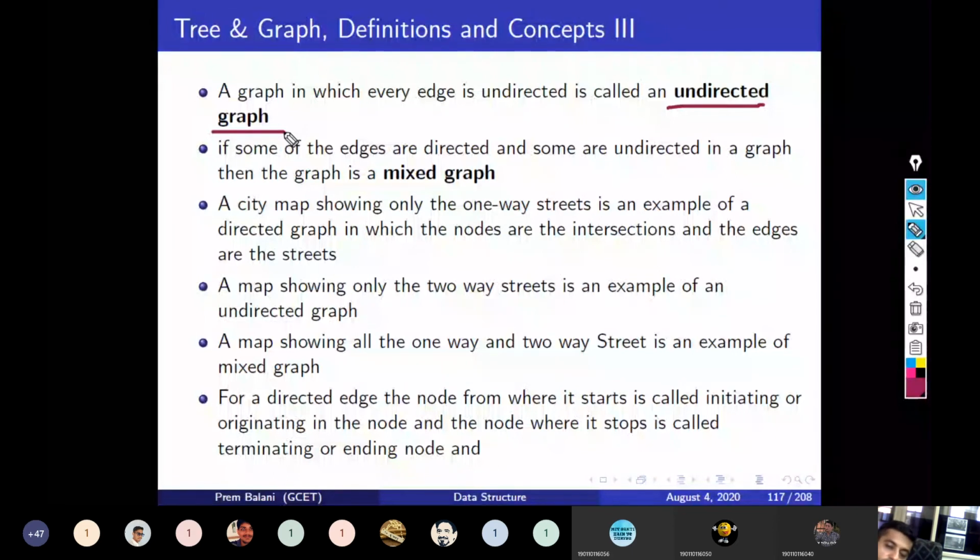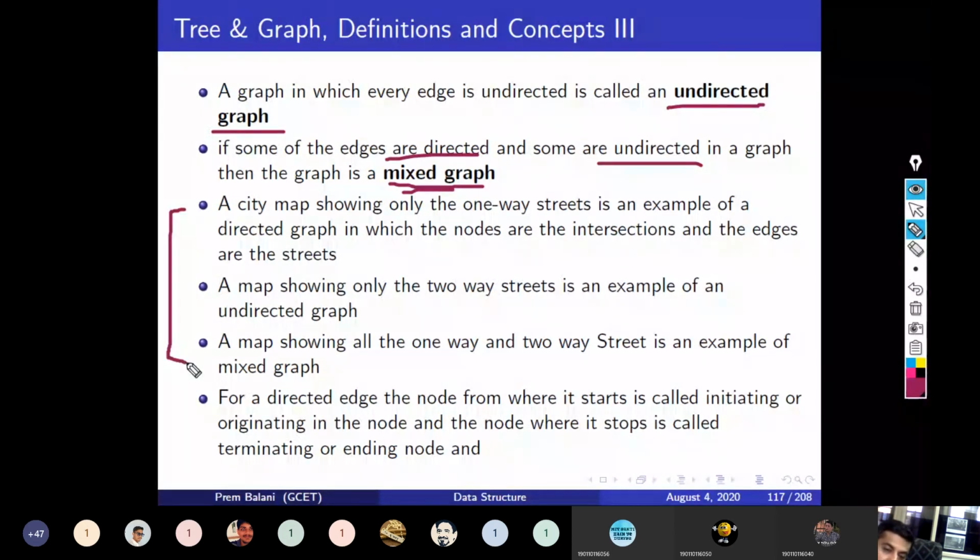No, not 4, because there is a mixed graph also. If some of the edges are directed and some are undirected, it's a mixture of edges, then it is called a mixed graph. So these are examples of all 3 types of graphs.